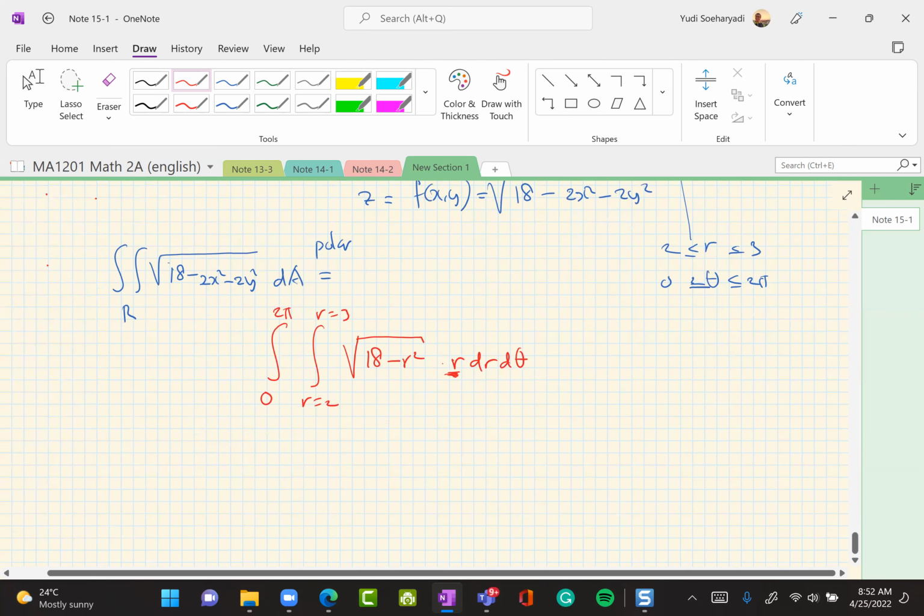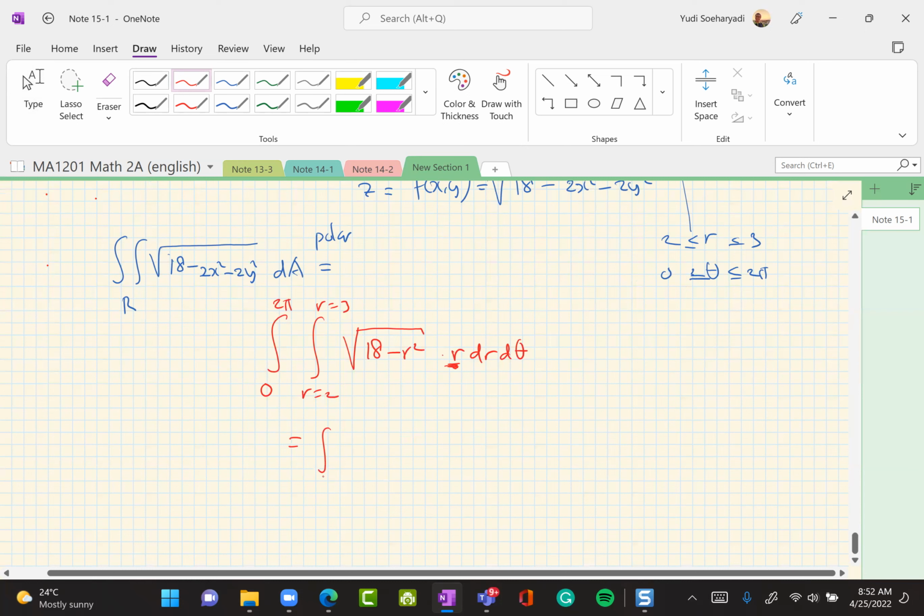Let's compute that one. There's no dependence on theta, so just multiply by the range of theta, which is 2 pi.